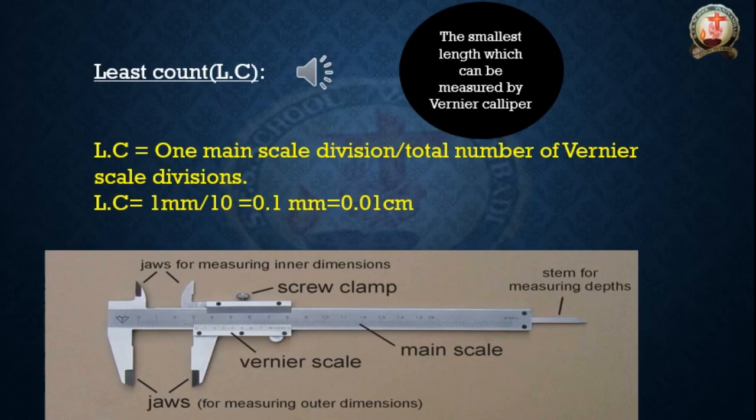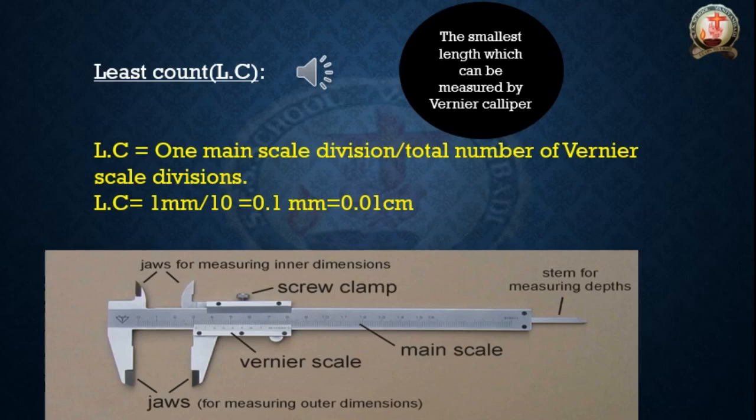The smallest length which can be measured by vernier caliper, that is called least count. So by the use of vernier calipers, how much smallest length you can find, that is the least count.